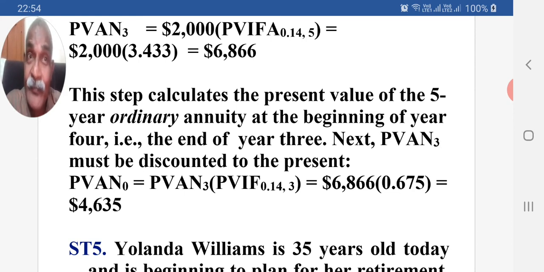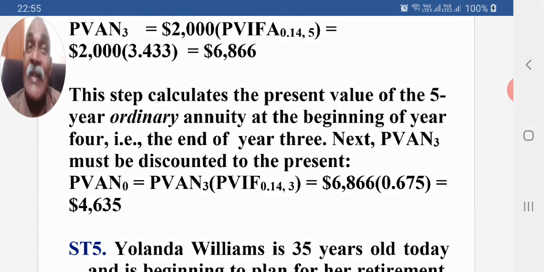It means when you invest 4,635, at the end of the third year the amount will become 6,866.